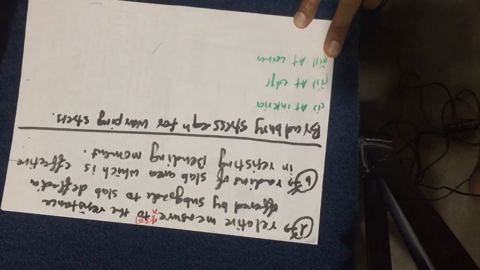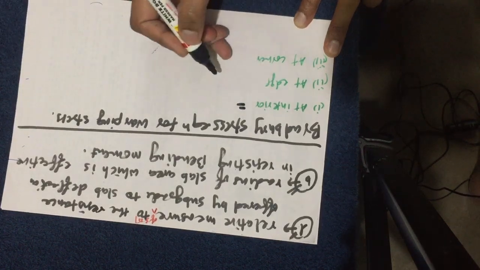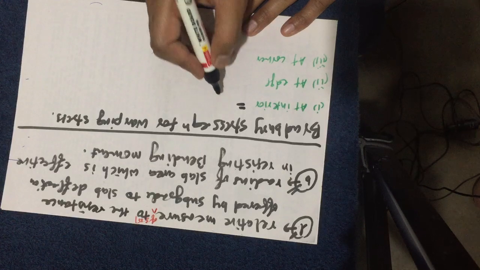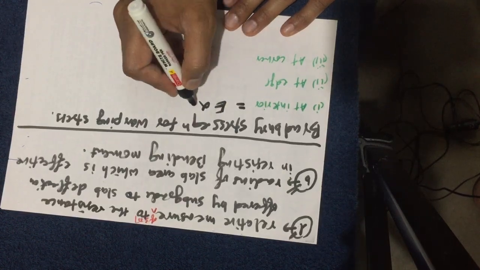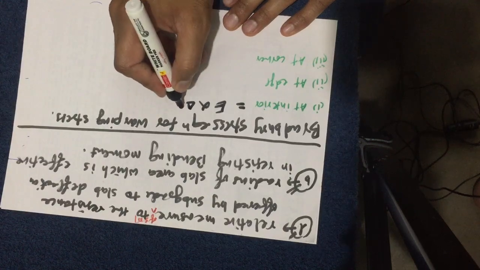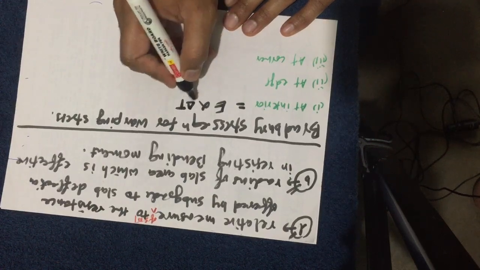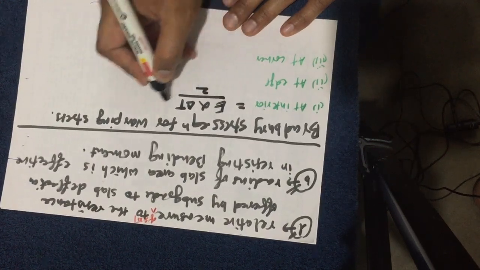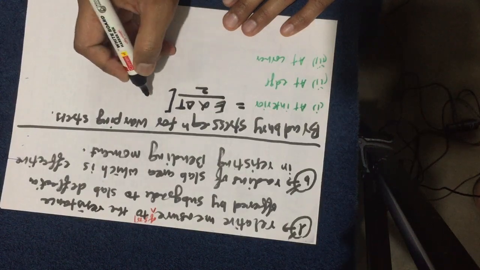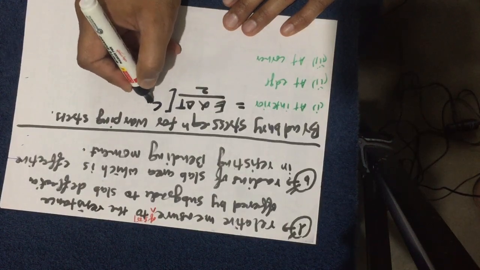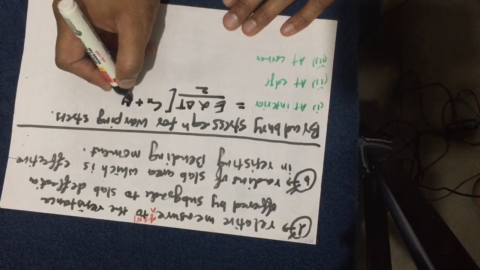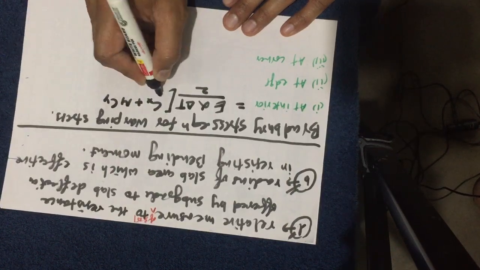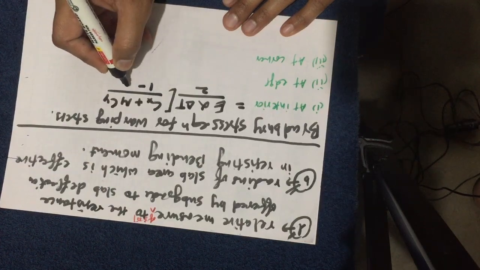So at interior, as given by Bradbury, the formula for calculating the warping stress is E, modulus of elasticity, into alpha, coefficient of thermal expansion, into delta T, change in temperature, divided by 2, bracket Cx plus mu times Cy, divided by 1 minus mu square.